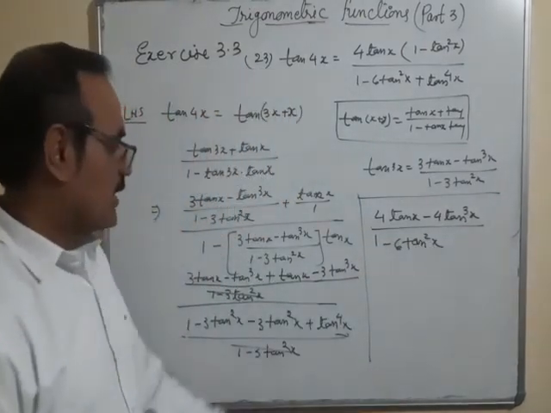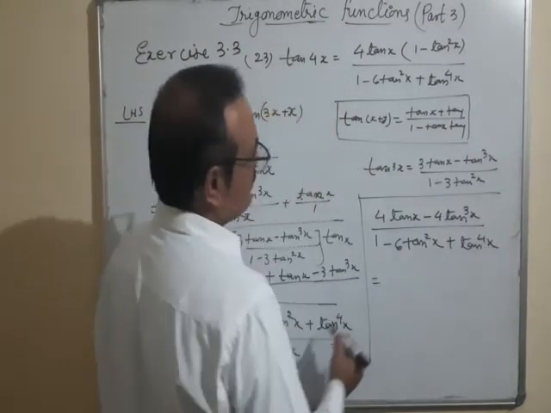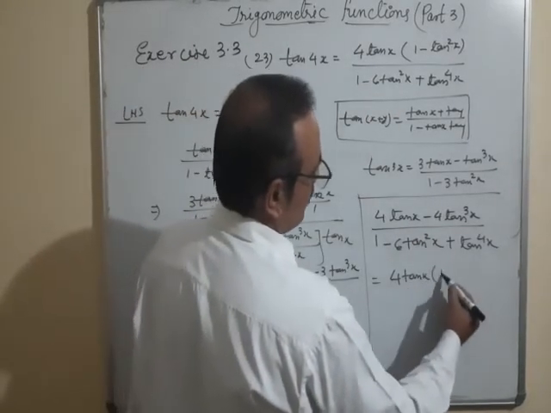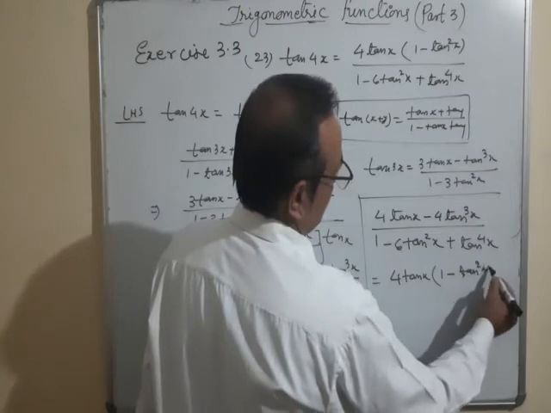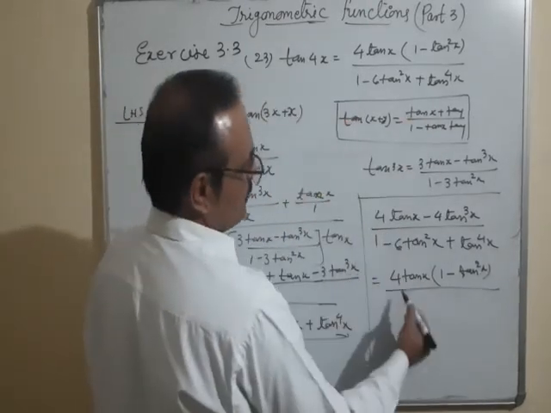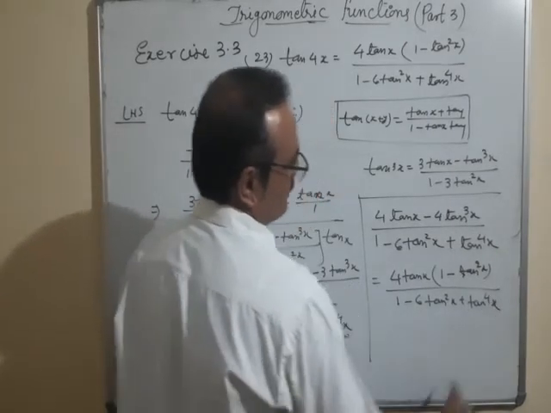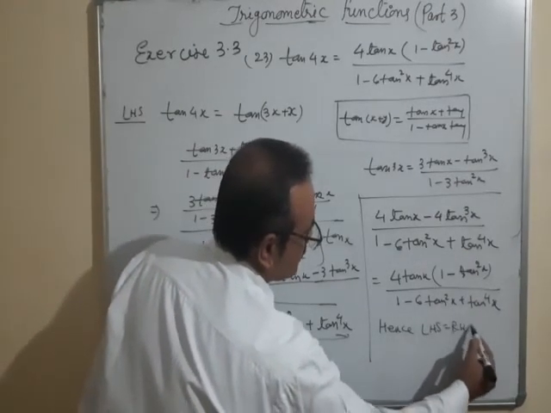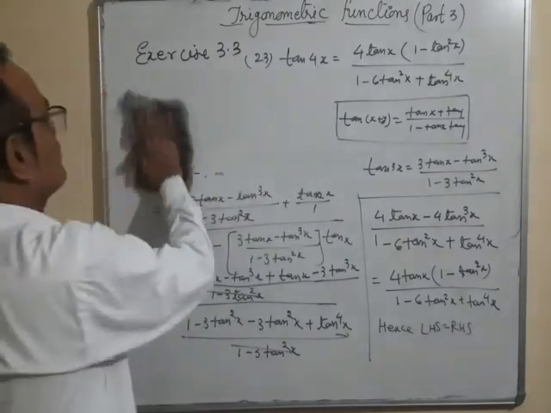One term is left, that is tan to the power 4 x. And I think this is your right hand side term. You can see 4 tan x, I'll take 4 tan x common. What is here? 1 minus tan square x, upon, from the denominator nothing is common, directly 1 minus 6 tan square x plus tan to the power 4 x. Hence LHS is equal to RHS. Clear? Hence LHS is equal to RHS.